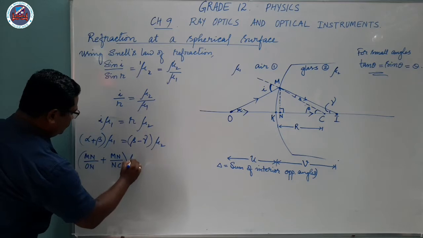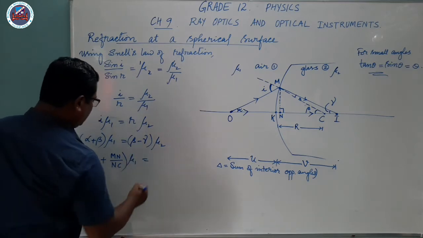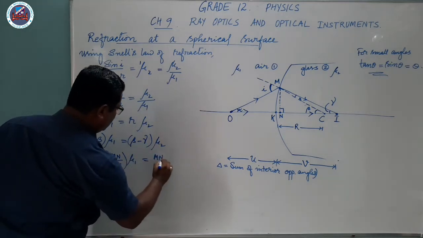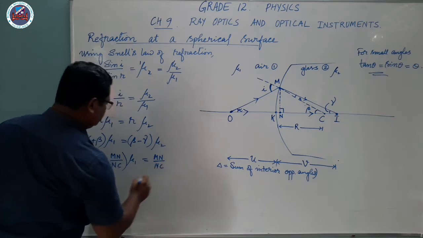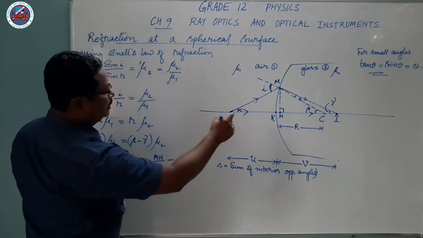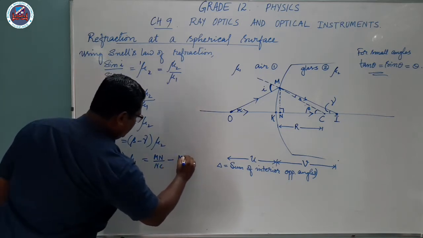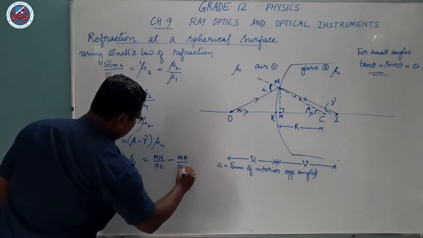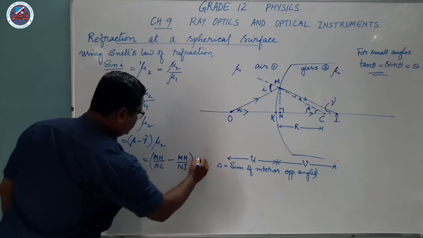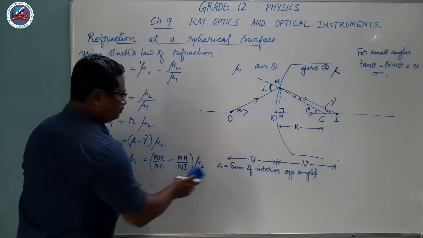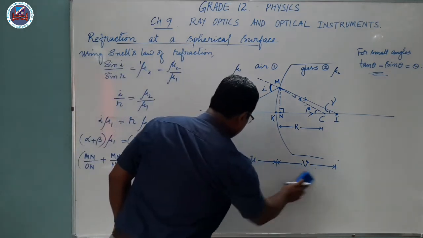This is mu1. Beta is Mn by Nc, minus gamma was equivalent to Mn by Ni. Like this you can put the values. This is mu2.